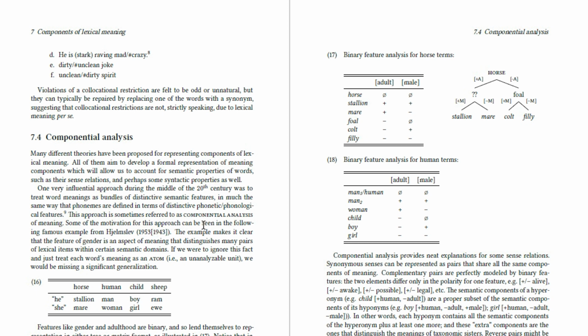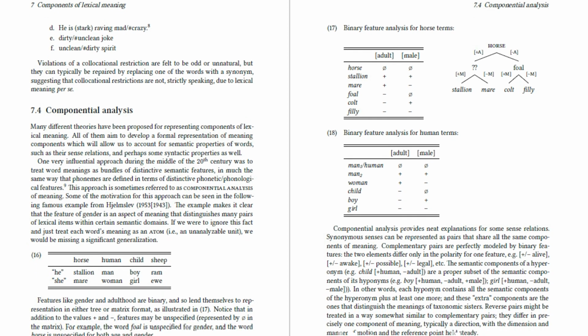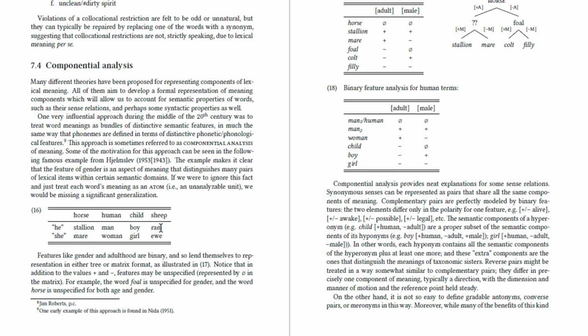Some of the motivation for this approach can be seen in the following example. We need to understand exactly how we do things with semantic features. So this is componential analysis, and at the same time, we can say it is semantic features. We have features like gender and adulthood, which are binary.